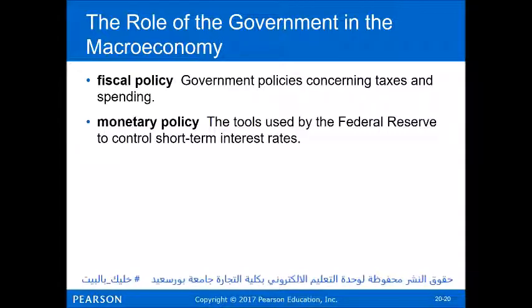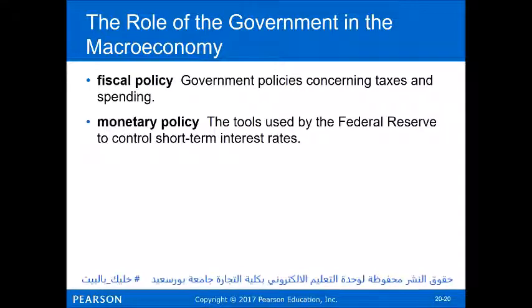The role of the government in the macroeconomy. Typically, the government undertakes its role in the macroeconomy using two main policies. The first is the fiscal policy, the second is the monetary policy. Fiscal policy is the government policy concerning taxes and spending, or for short, the policy that is related to using taxes and spending by the government.